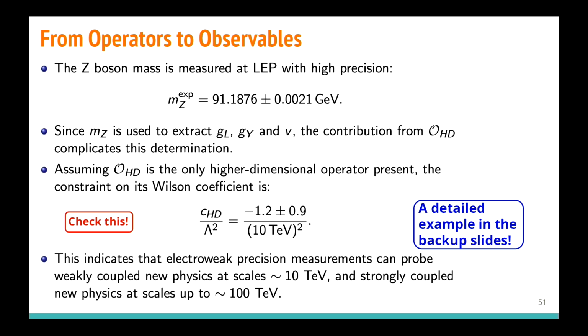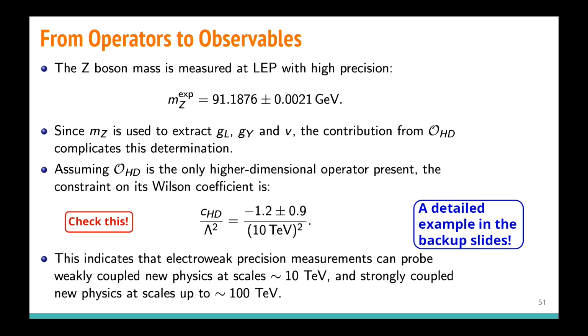Now we are trying to probe four parameters. If we assume that O_HD is the only higher dimensional operator, mind you, this is just a toy example, not reality, because we have a lot more observables and operators, just for illustration's sake, the constraint on this Wilson coefficient is going to be −1.2 ± 0.9 over (10 TeV)².